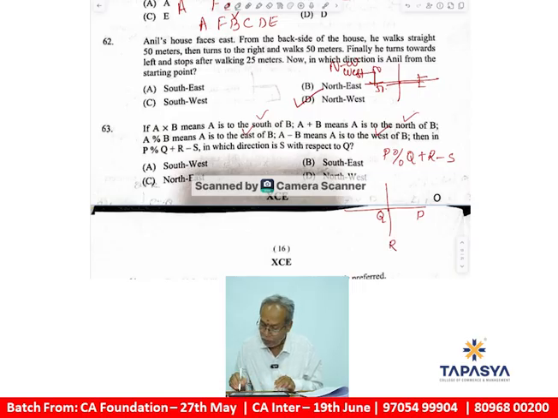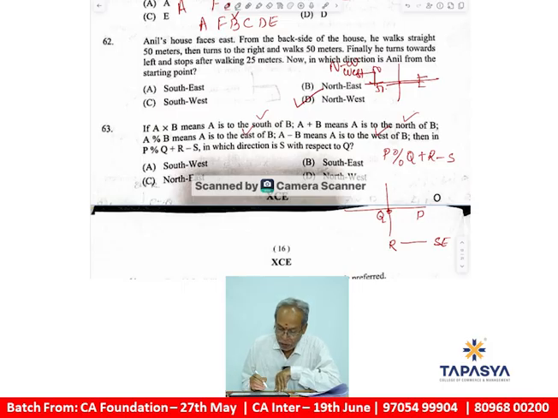Next, R minus S. Minus is treated as west of B. Then which direction is this? So here if you see, it is coming towards the southeast direction. So it will go to southeast. From the starting point, he will be at the south part of it.